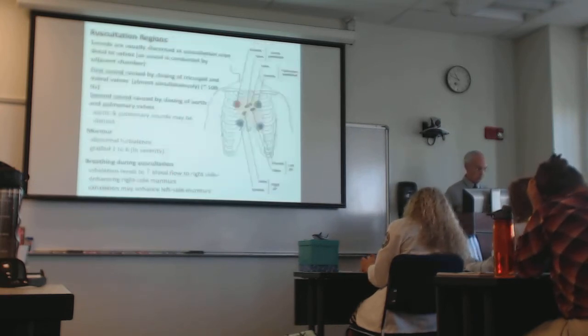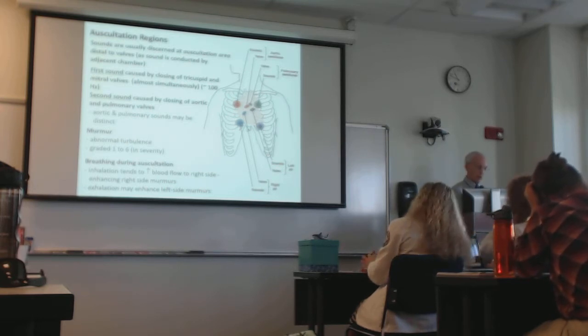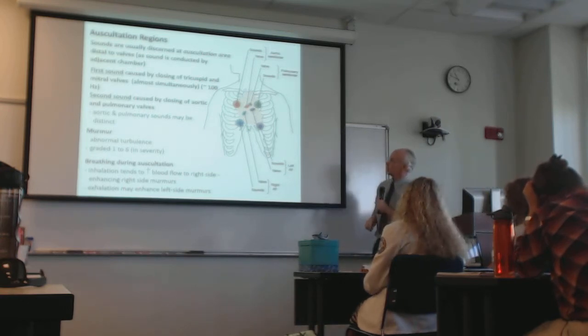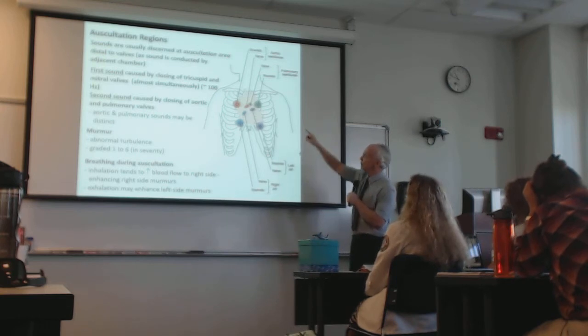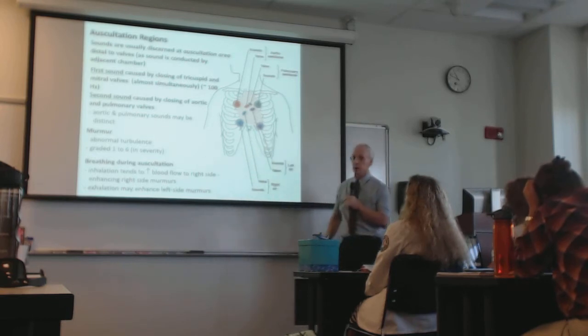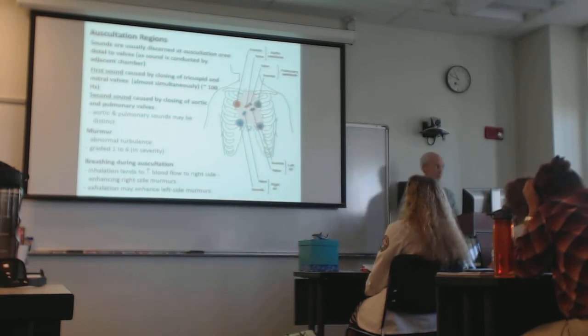Just be familiar with the terminology. We've talked about auscultation. I'm not going to ask you in here where you should place the stethoscope to assess the specific semilunar and AV valve activity, but you will learn very precisely where to place those things. We talked about the heart sounds, the first and the second heart sounds. The first sound is associated with the closing of the AV valves.